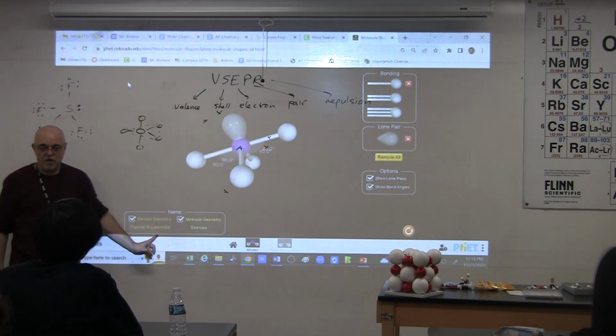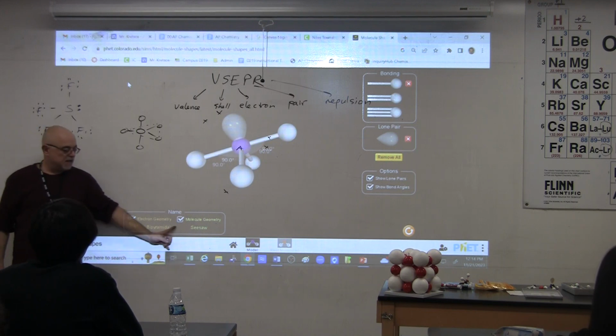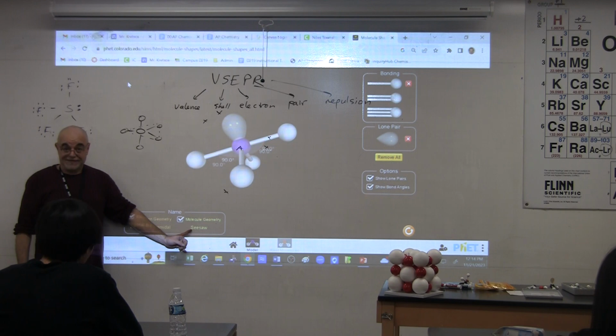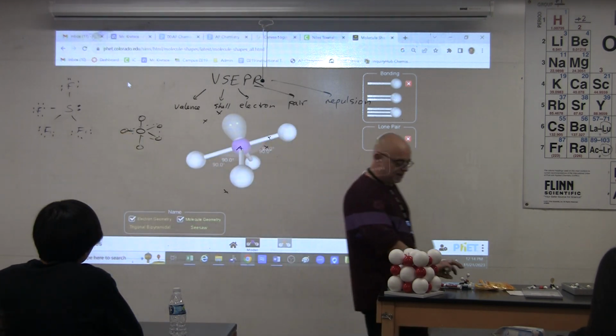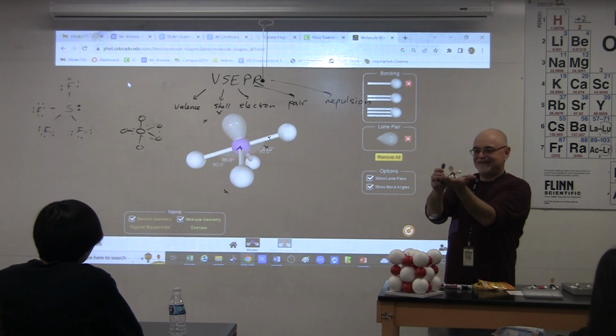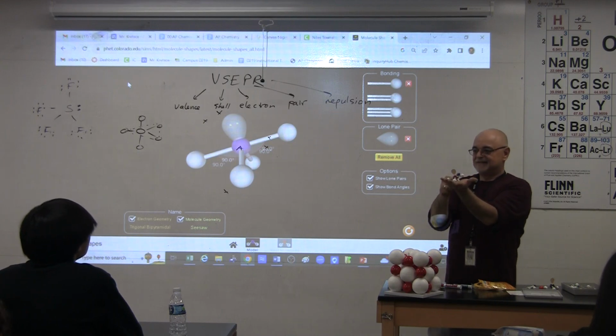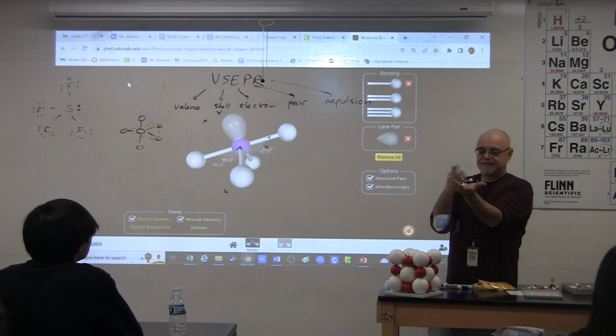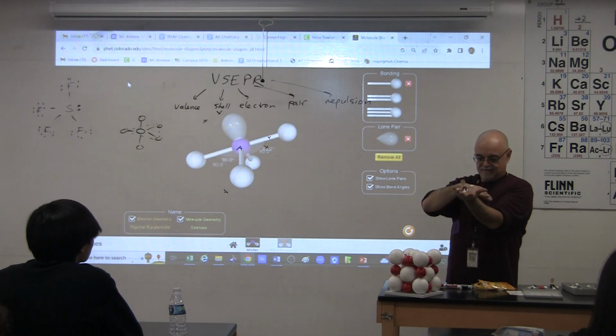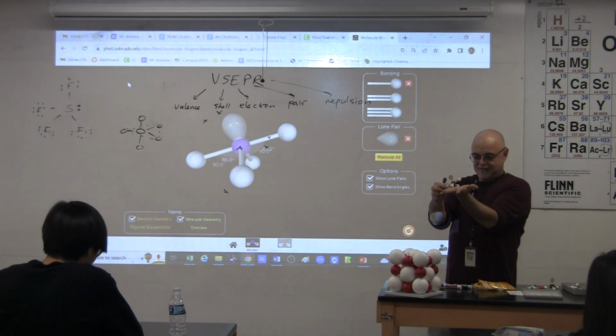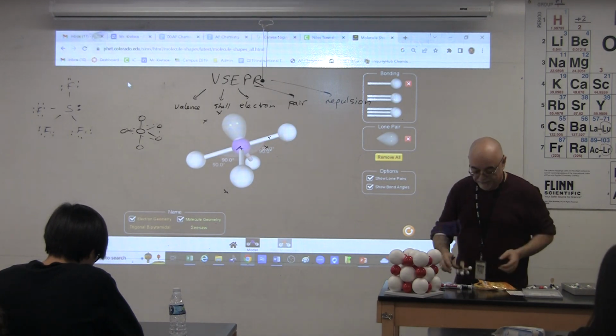The domains follow a trigonal bipyramidal arrangement, but the molecule is called seesaw because it makes a seesaw. See? Saw. Seesaw, seesaw, seesaw. Yes, I am starting to freak out. Okay, moving on.